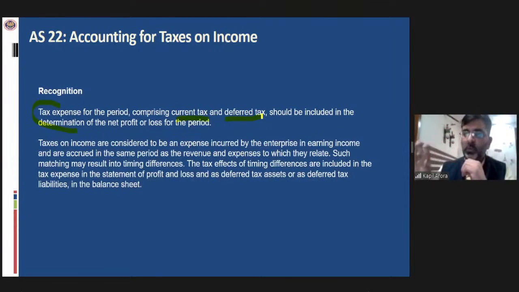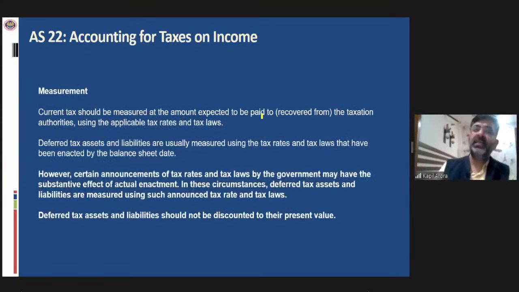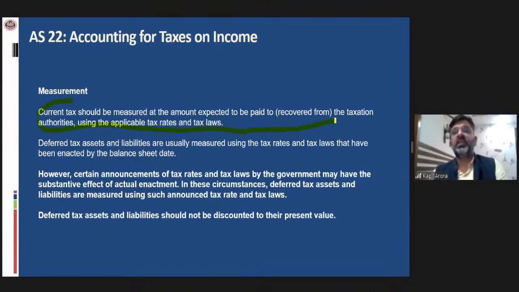The difference between the total tax as per accounting minus current tax is nothing but the deferred tax. Current tax should be measured at the amount expected to be paid using the applicable tax rate. Now, from where do we get the tax rate? Every budget will bring in the tax rates for that particular period. Those tax rates we use to calculate the taxes.